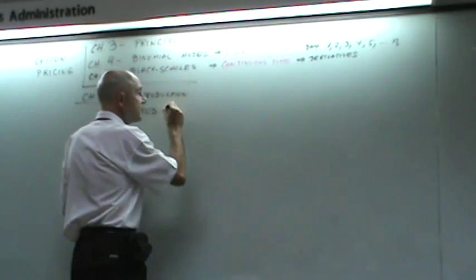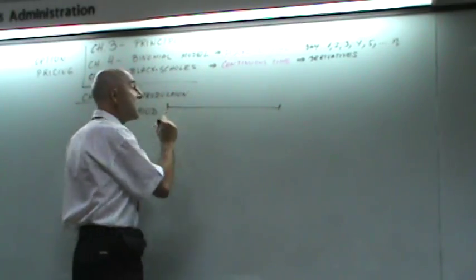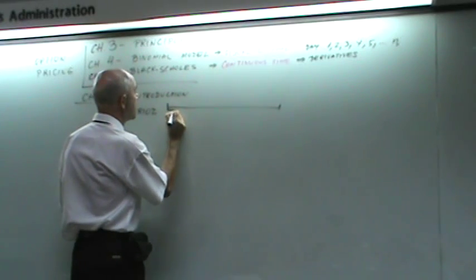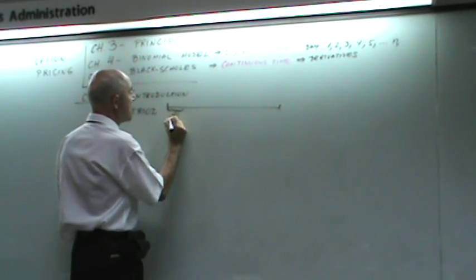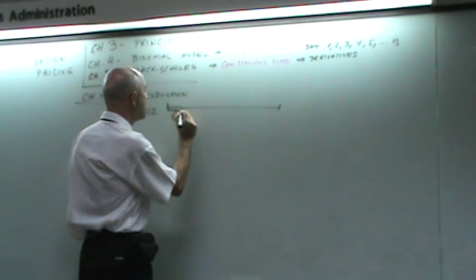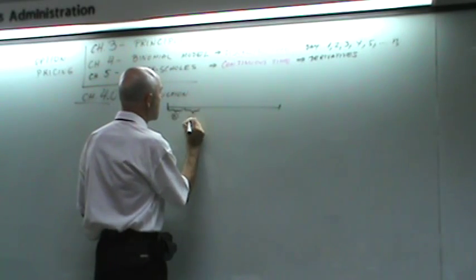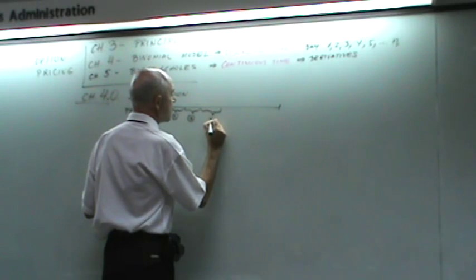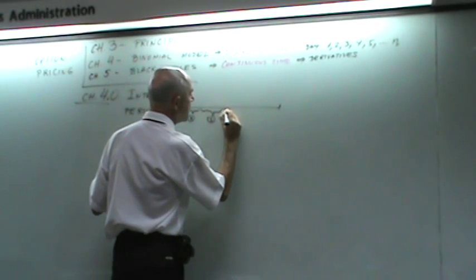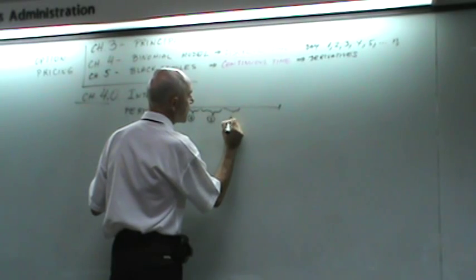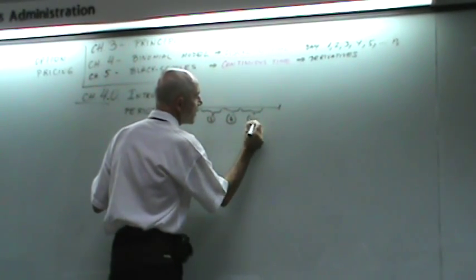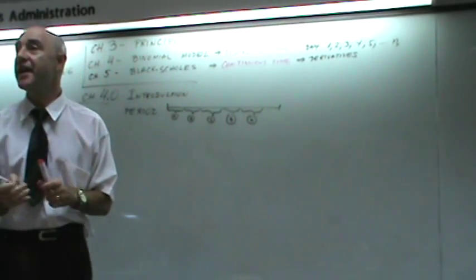So if this is continuous time, this over here is going to be period 1, period 2, period 3, period 4, that's going to be period n.